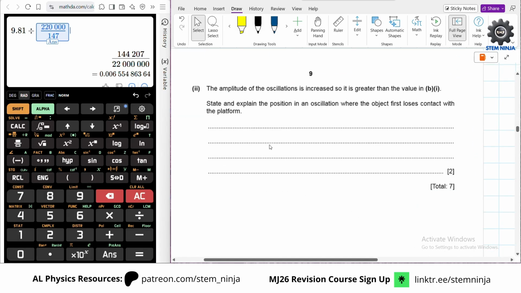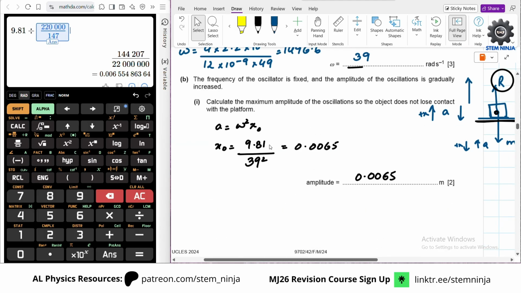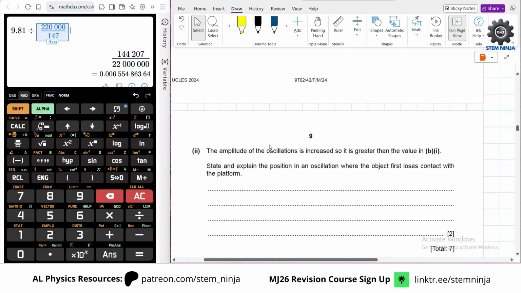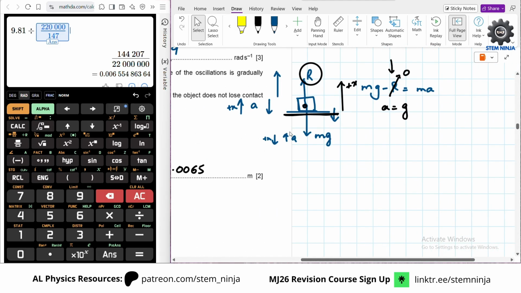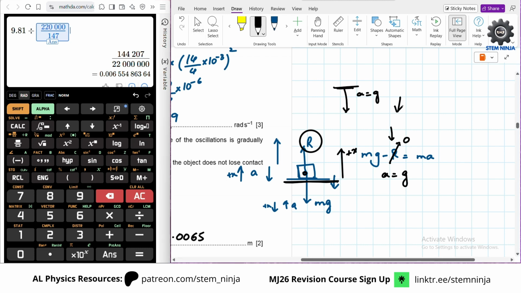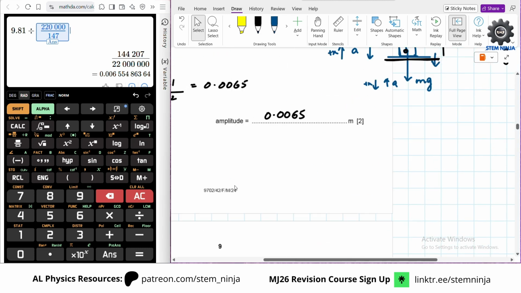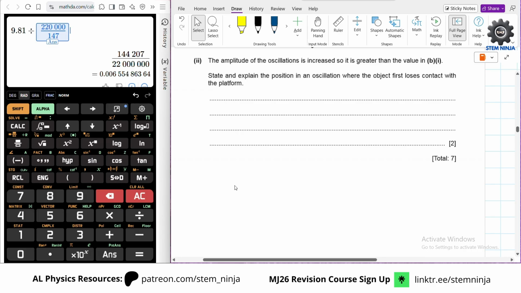The amplitude of the oscillations is increased so that it's greater than the value in B1. Okay, alright. State and explain the position in oscillation where the object first loses the contact with the platform. So basically all what we explained over here, we need to write it in words, right?